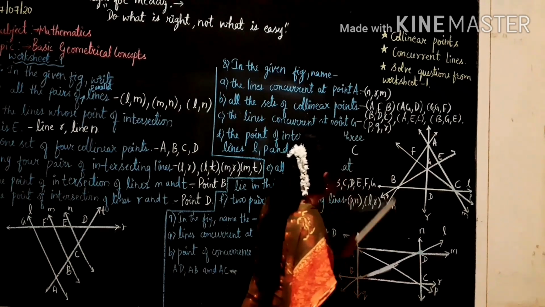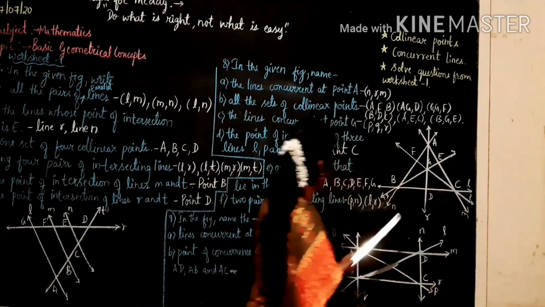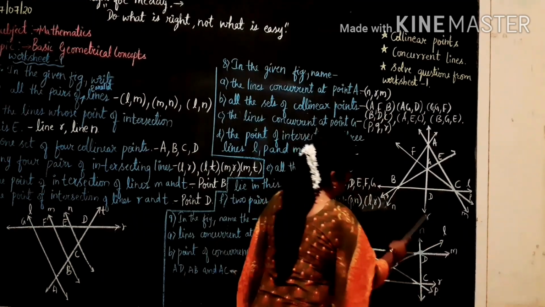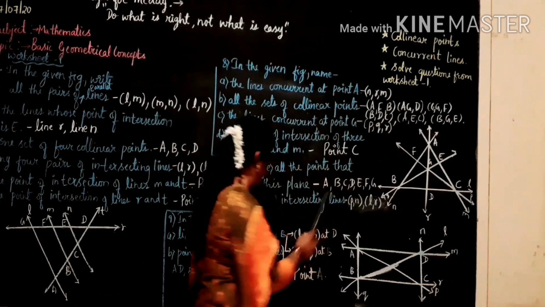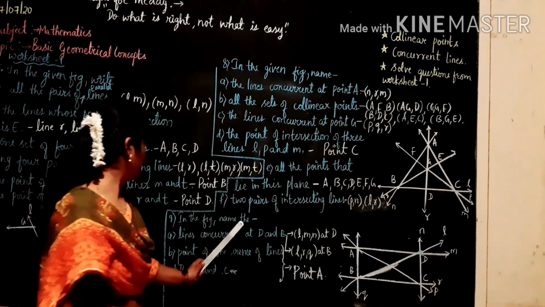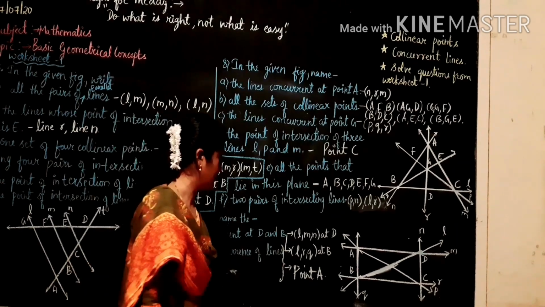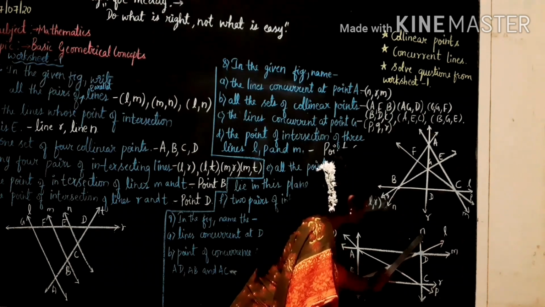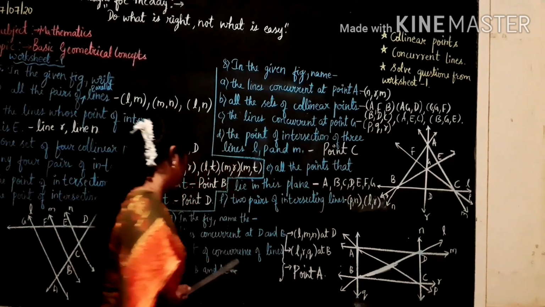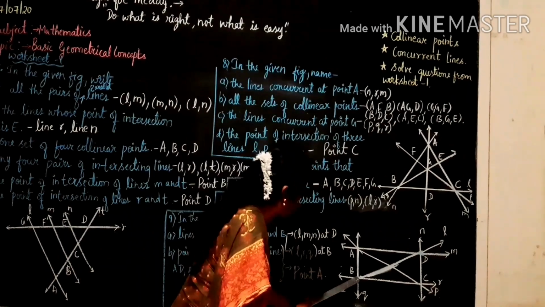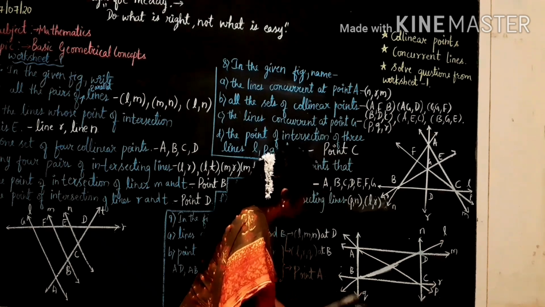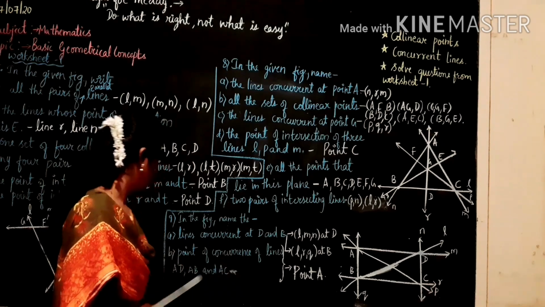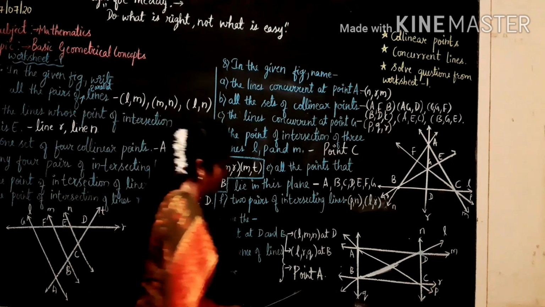Line P and line N are intersecting at point F, and one more is line R and line L. Line L and line R are intersecting at point D. Then you have in the figure, name the lines concurrent at D and B. The lines which are concurrent at point D are L, N and M, and the lines which are concurrent at point B are line L, line Q and line R. And the last one is the point of concurrence of lines AD, AB and AC.